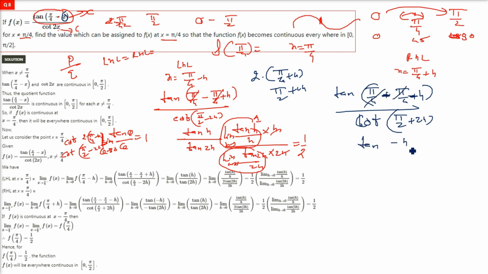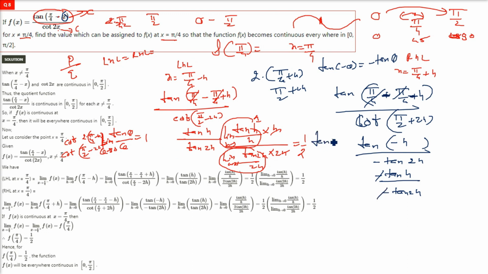So in the numerator you will get tan of minus h, and in the denominator you have cot 90 plus theta, which is going to be minus tan 2h, and tan minus theta is equal to minus tan theta, as in sin minus theta is minus sin theta. So the numerator will be minus tan h, the denominator was already minus tan 2h, remove this minus sign. So tan h by tan 2h it will be.